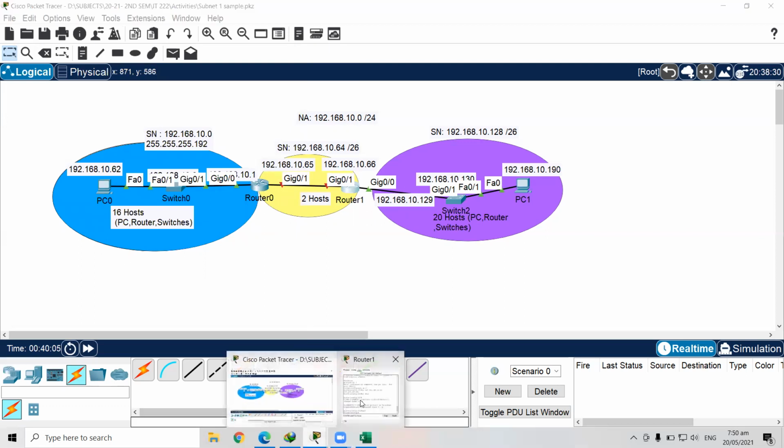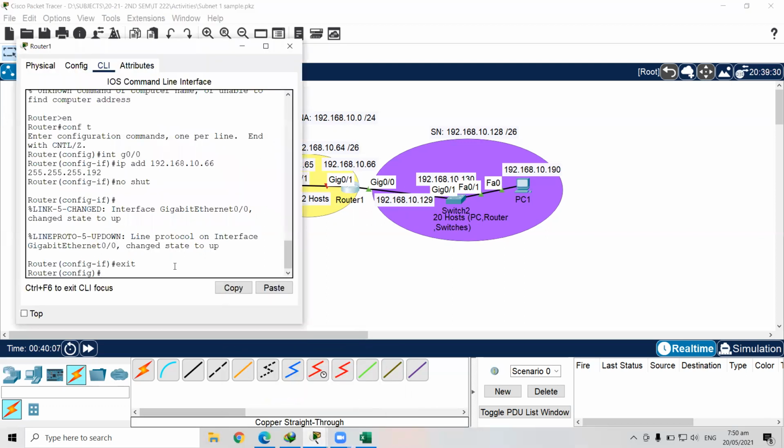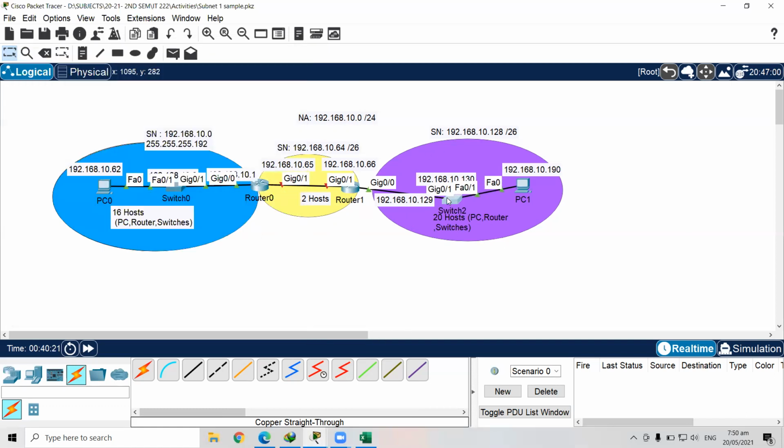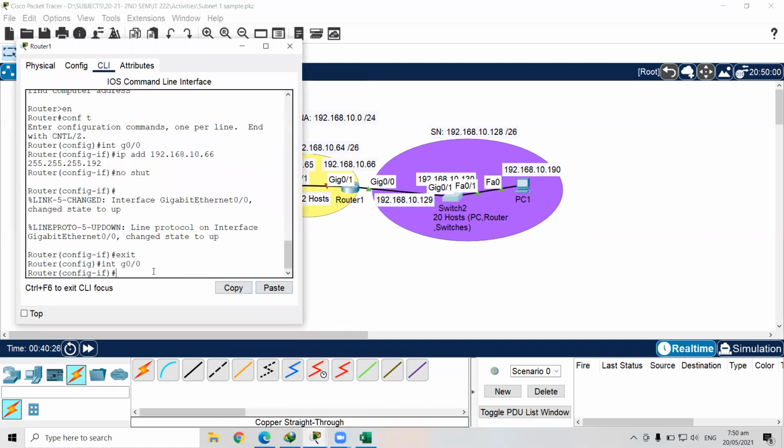Ang gagawin natin, balik tayo ngayon dito. Interface G0/0. Ay, tama ba? Hindi, dapat 130. 129. Okay, ayan. Sorry. Balikan ko kasi namali ako.